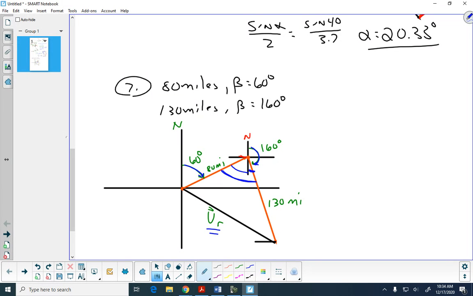The first one is an easy piece to find right here. If I rotate this 160 degrees, what is this small angle here? Mel, what is this small angle here? 20 degrees. That is correct. So that piece is 20 degrees.